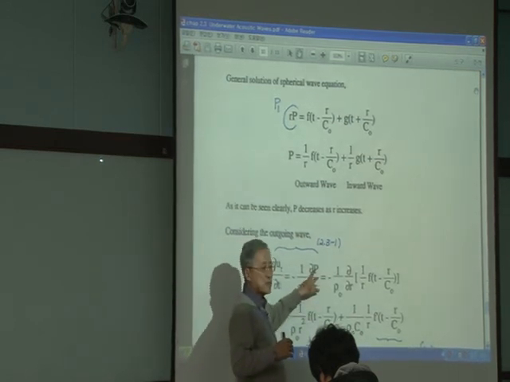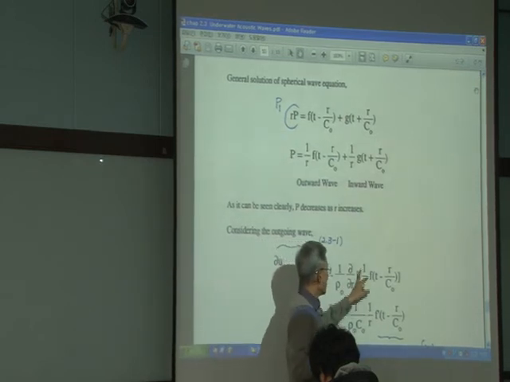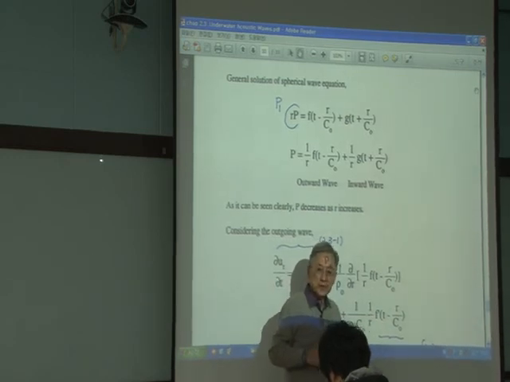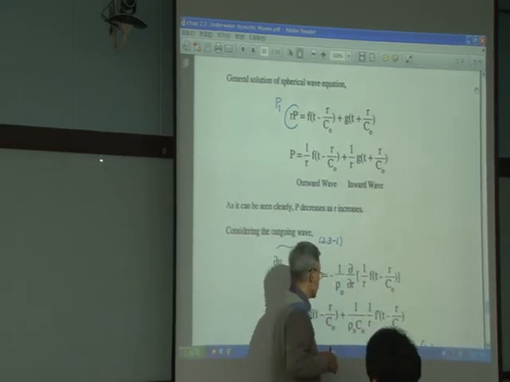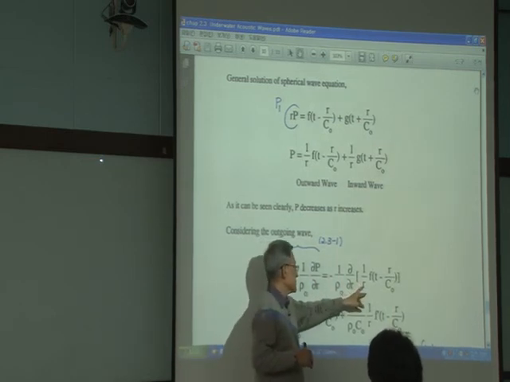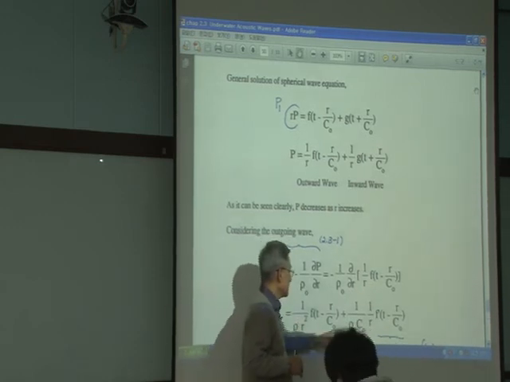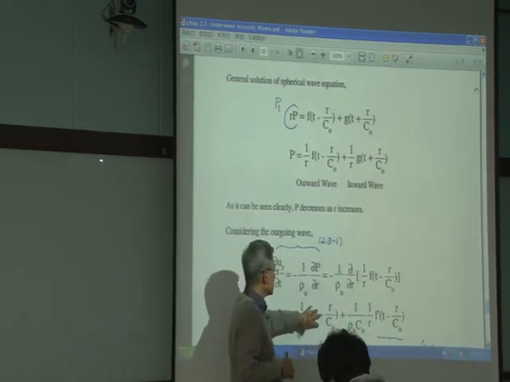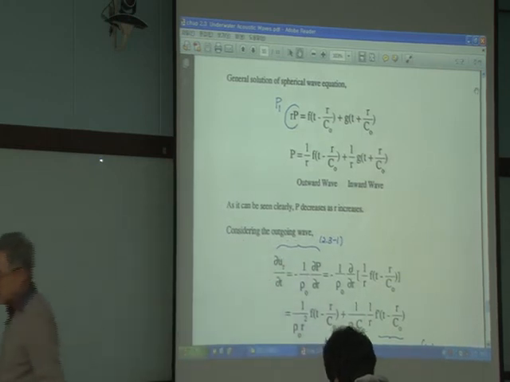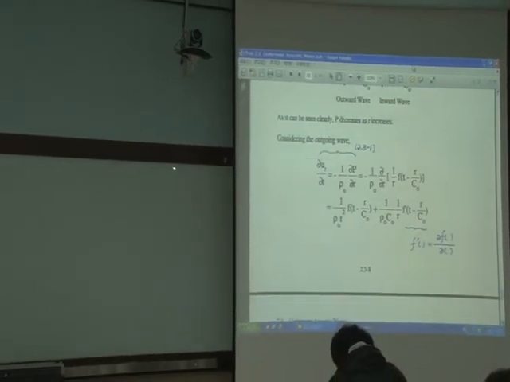Then plug back in P as 1 over R multiplied by function F. Then you differentiate, first by R, second by function F. Then you have two terms, this is the first and this is the second term. I want you to do the actual calculation.